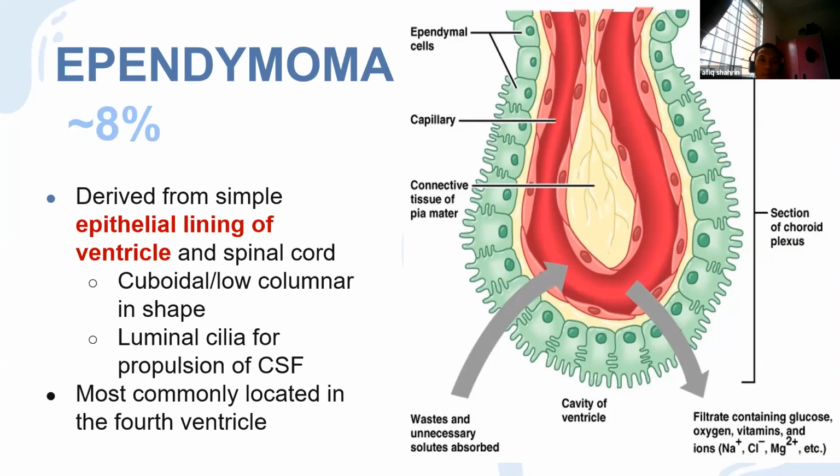So in children, the ependymoma mostly occurs intracranially compared to adults, where it occurs in the spinal cord. So the children may experience symptoms such as headache and also seizure, compared to adults who may present with body weakness.